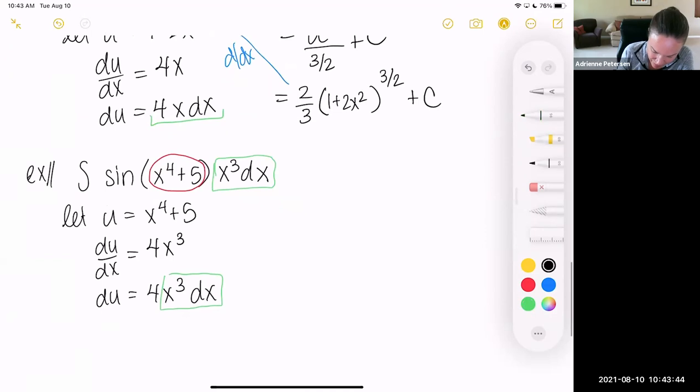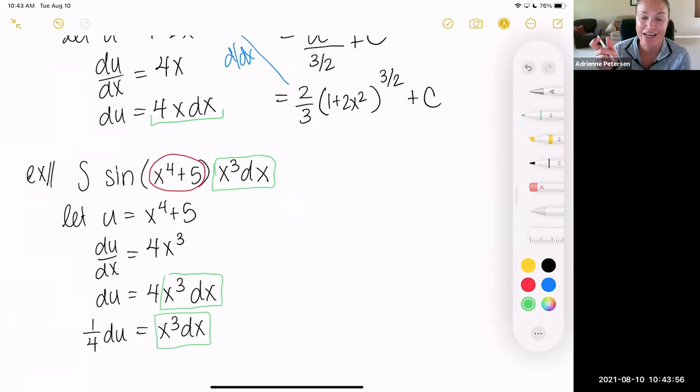My next step here is to divide both sides by 4. And we have that 1/4 du is equal to x cubed dx. And this x cubed dx, that is what appears in our integral. So where I see that x cubed dx, I'm going to sub in 1/4 du. So the idea is we want to match what's inside our integral with what's in this equation.